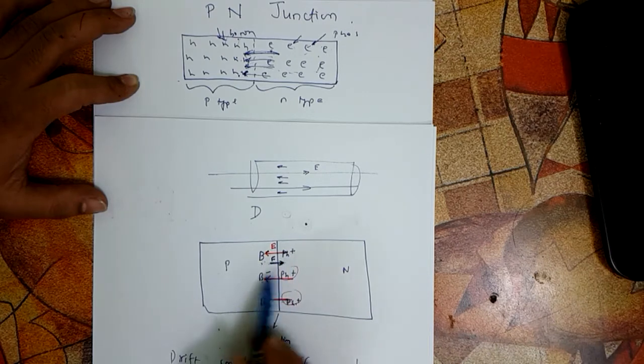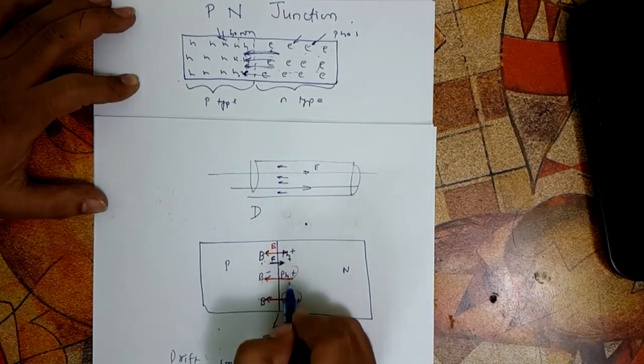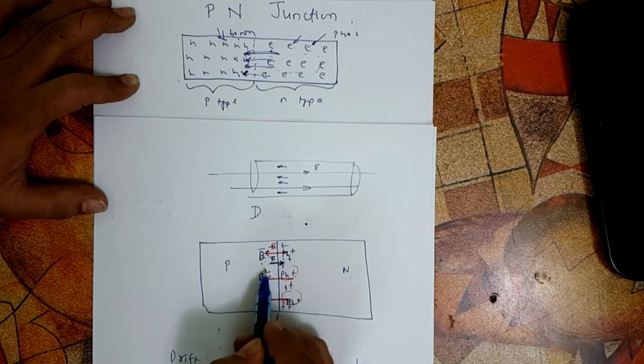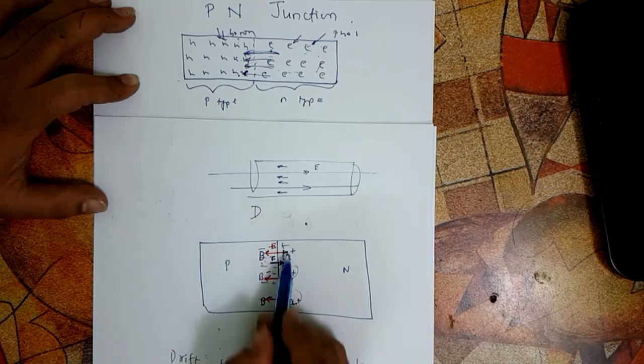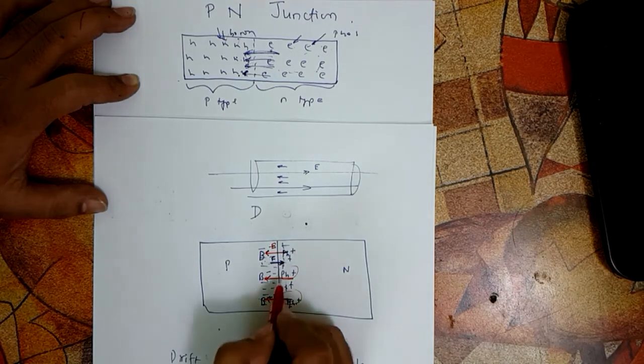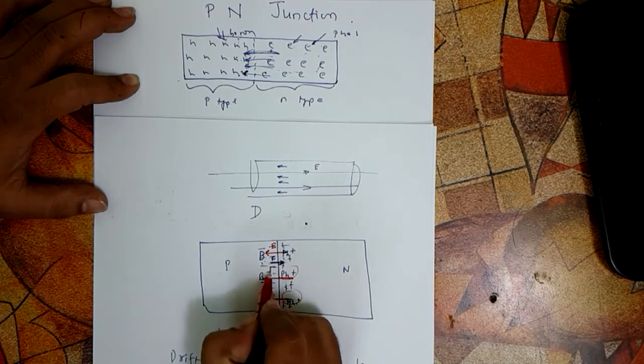But as more and more diffuse, this positive charge keeps increasing. And since more and more are diffusing, the negative charge here is also increasing. So both the positive charge here and the negative charge here keep increasing because of more diffusion, because of which this electric field keeps increasing in magnitude.